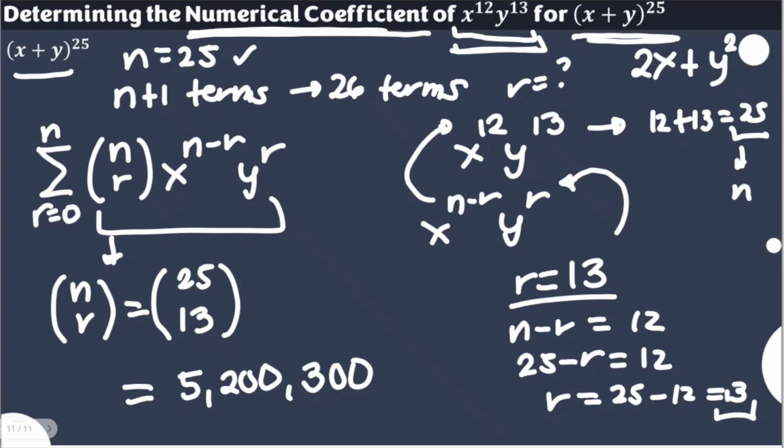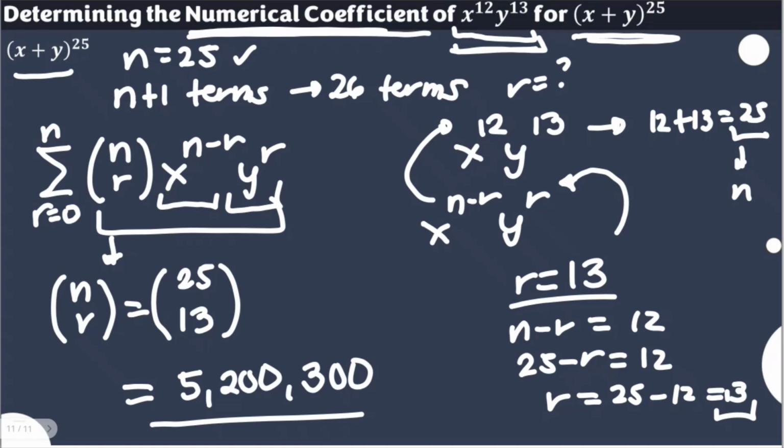And of course, it will be different for our situation, but for the previous two examples, you will be including the entire coefficient here as you take x to the power of 12 and y to the power of 13, because this value will still be improved if the numerical coefficients of our first and second terms are not equal to 1. Okay, so we'll have an example for that in the next few videos.